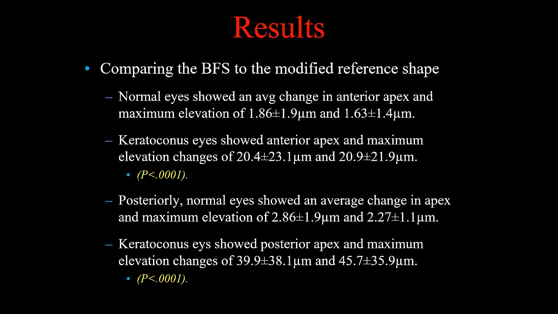When we compared a large number of patients, both normal and keratoconic, what we found was that normal eyes showed an average change of less than 2 microns going from the standard 8mm best fit sphere to the enhanced reference surface, while keratoconic eyes showed over a 20 micron elevation change on the anterior surface. On the posterior surface, normal eyes underwent less than 3 micron change, and keratoconic eyes underwent greater than a 40 micron change.